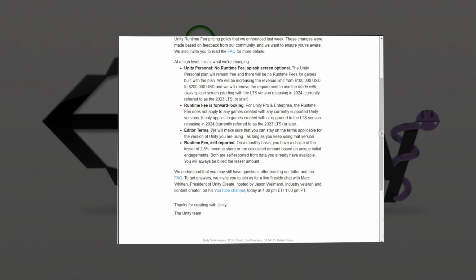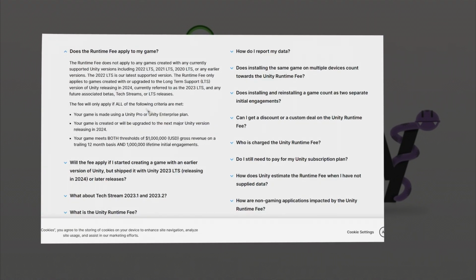Editor terms. So we'll make sure that you can stay on the terms applicable for the versions of Unity you are using, as long as you keep using that version. So that means, let's say I am making a game on a 2020 LTS version, and as it says here, the runtime fee does not apply to 2020 LTS versions.